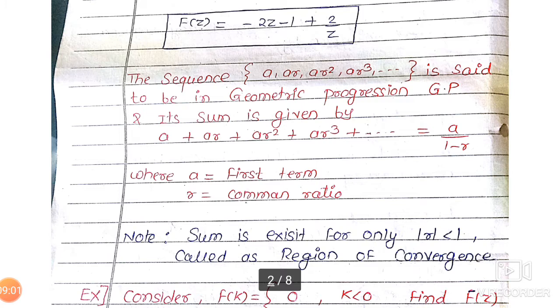Note that the sum exists only for mod of R less than 1. So this mod of R less than 1 is called the region of convergence. In this region the given sequence is convergent, and convergence means the limit of the given sequence is finite.